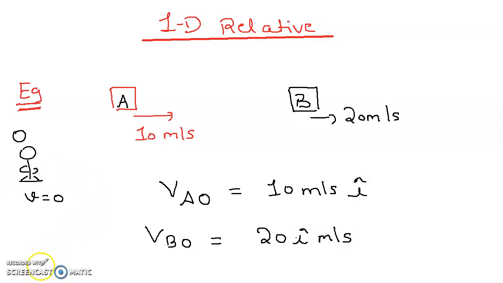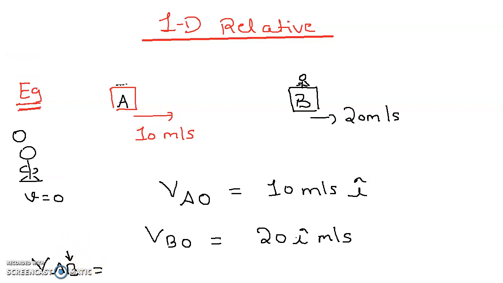And if I ask the velocity of A with respect to B, you are now in the frame of B. The letter which comes later, you are in that frame.